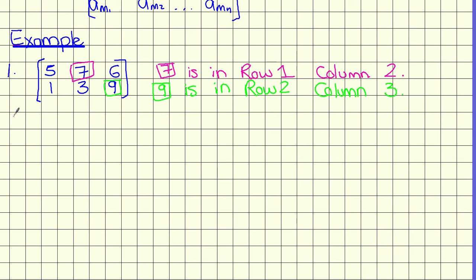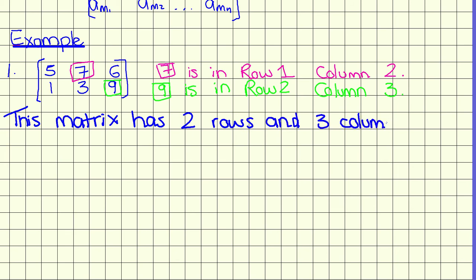So it says here, this matrix has 2 rows and 3 columns. Full stop.